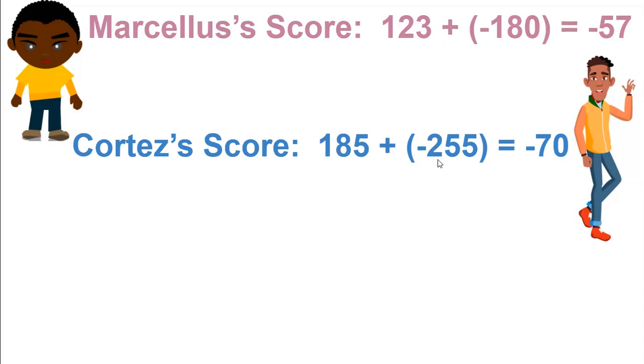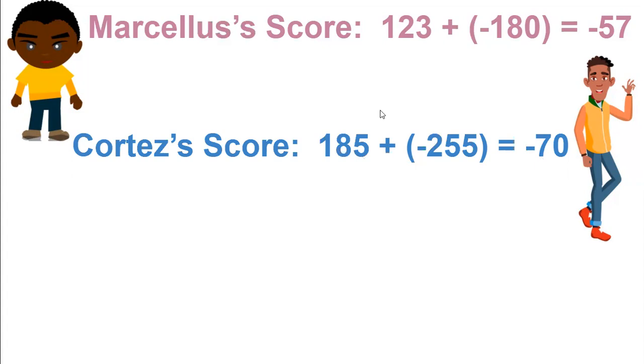Well, he owes more than he has, so he's going to end up with a debt of negative 70. How do you figure that out? Well, you're actually subtracting 255 minus 185, and then you decide if the sign is positive or negative, and it will be negative because we already said he has a debt to pay more than he has in his pocket.